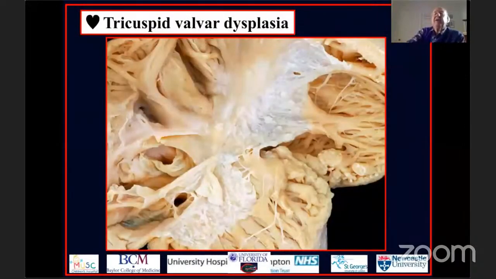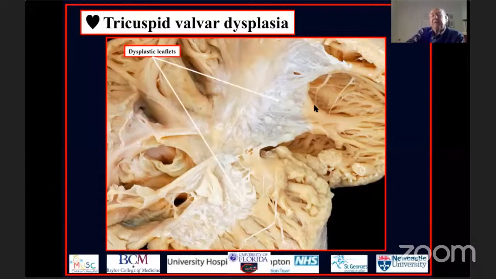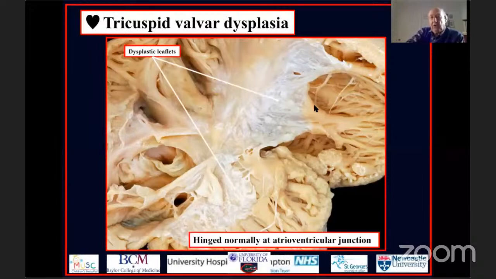I also mentioned dysplasia. In most instances, the leaflets in the setting of Ebstein's malformation are themselves dysplastic. But dysplasia does not always mean Ebstein's malformation. So I'm showing you here a heart with severe dysplasia of the leaflets, but the leaflets here are normally attached at the atrioventricular junction.